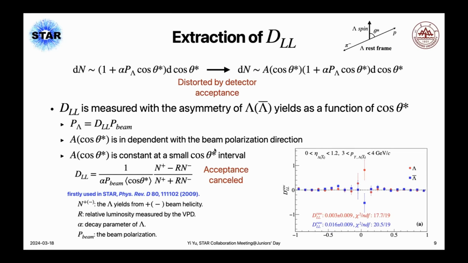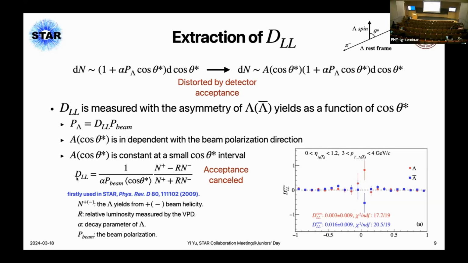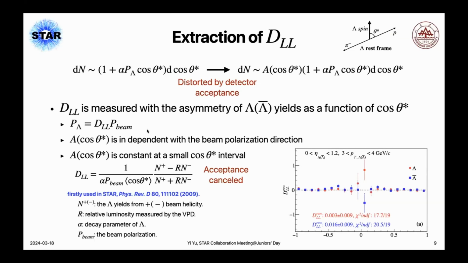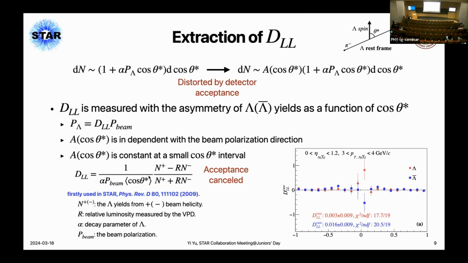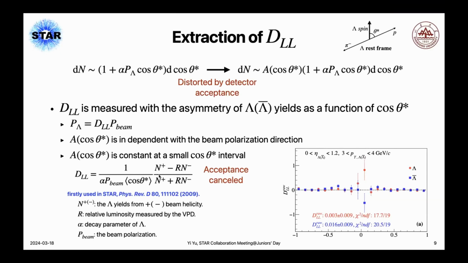In a very small cosine theta interval, this acceptance is treated as a constant. So the DLL, which can be derived from the angular distributions in very small cosine theta intervals, is extracted using this formula. This formula was first used in previously published results, and in this formula, the acceptance will be cancelled.